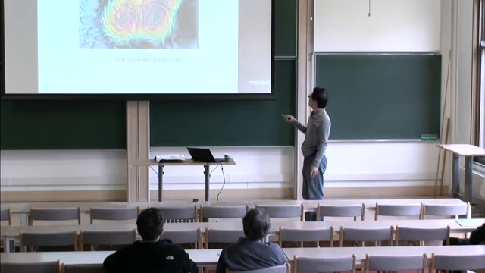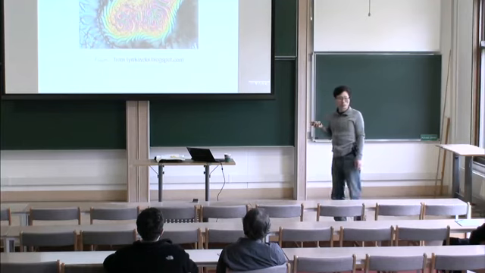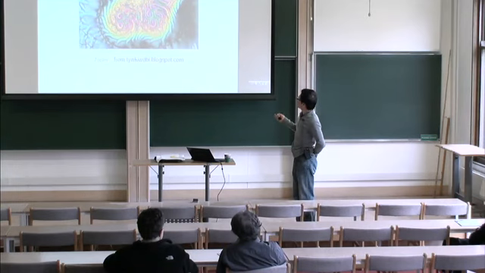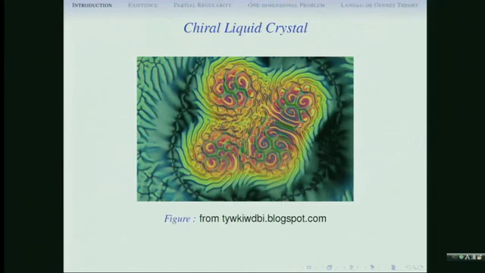Okay. And here is the picture I got from the web page, and I'm not sure how they obtained these beautiful pictures. Yeah, this is a very beautiful picture. I just wanted to show it. I just put it here.